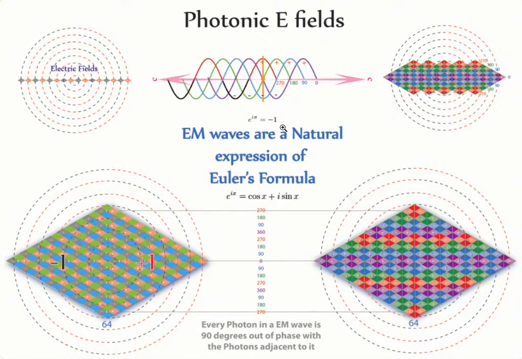Furthering this on, we can look at the phase relationships between photons in an EM wave. As we've discussed, they're a positive field and a negative field, or net negative and positive fields. The EM fields themselves are made up of a frequency of photons, and the wavelength is determined by that frequency.